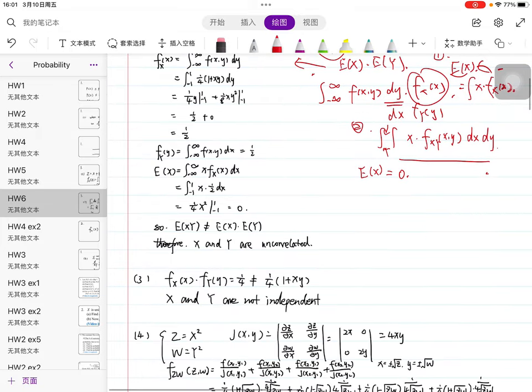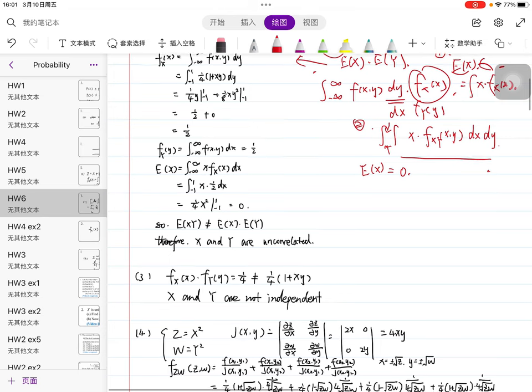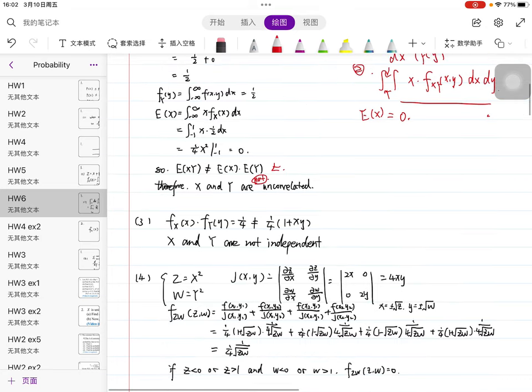So X and Y are not uncorrelated. I made a mistake earlier when I said they are uncorrelated; if there were an equal sign here, they would be uncorrelated. So X and Y are correlated.